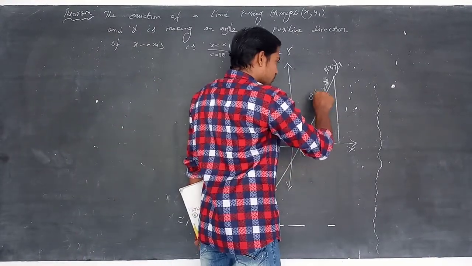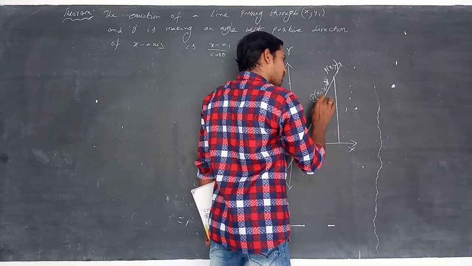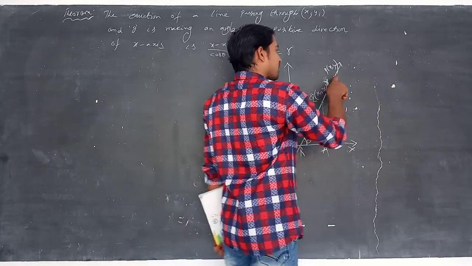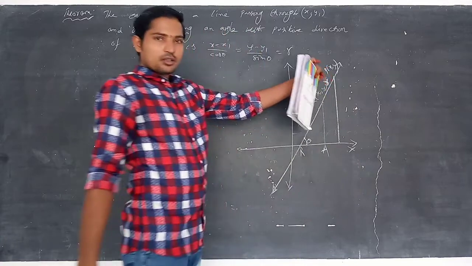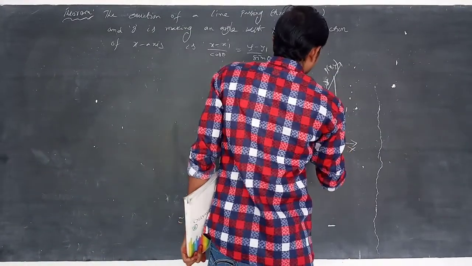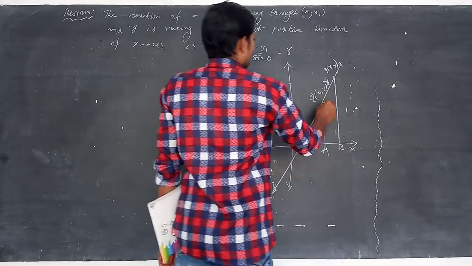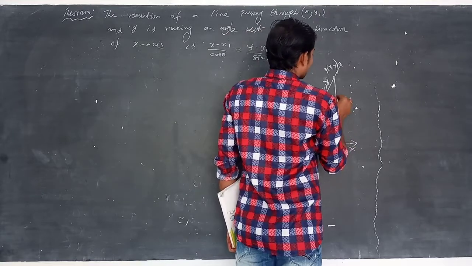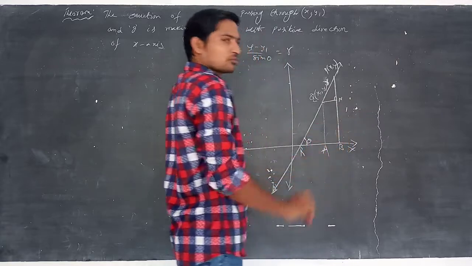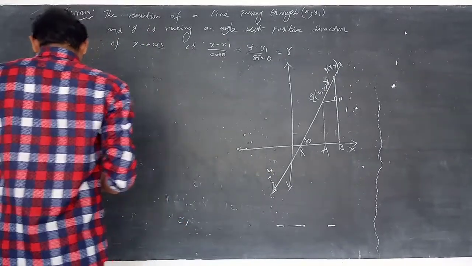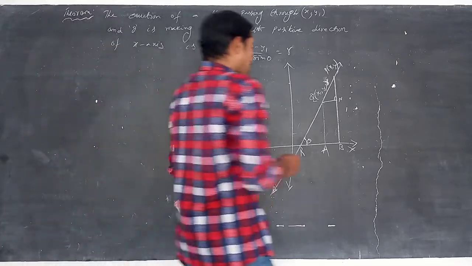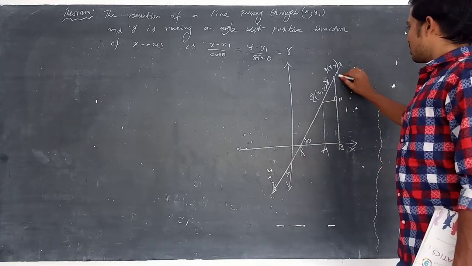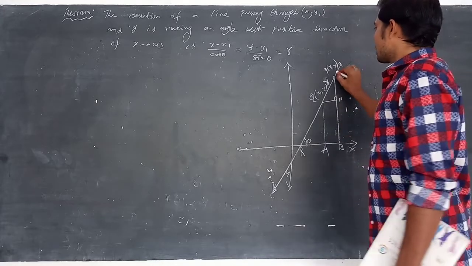The perpendicular from Q meets the x-axis at A, and the perpendicular from P meets the x-axis at B. Drop a perpendicular from Q to PB, suppose it meets at M. Understand? Let us write it down.